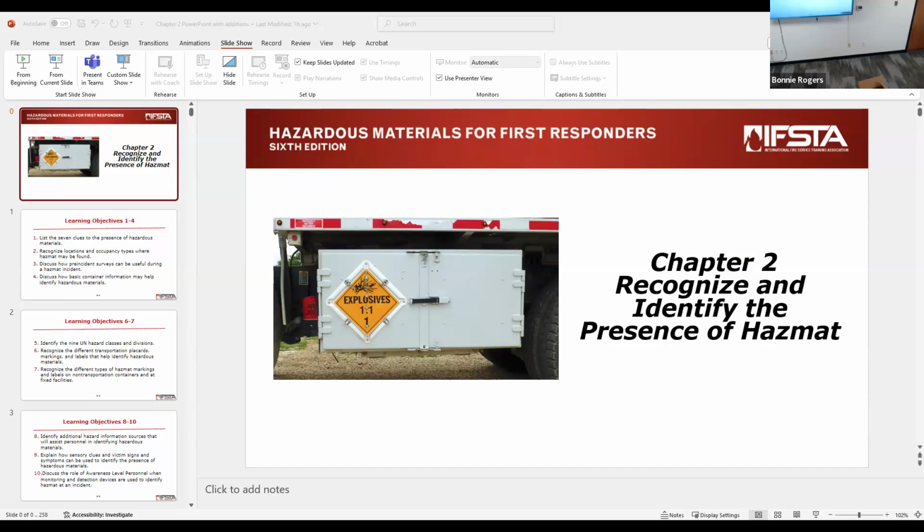And 4. Non-transportation hazmat markings and labels. Okay, good. How about 5? Hazard info and reference sources. Number 6. History clues including victim signs and symptoms. And what's number 7? Monitoring and detection devices.